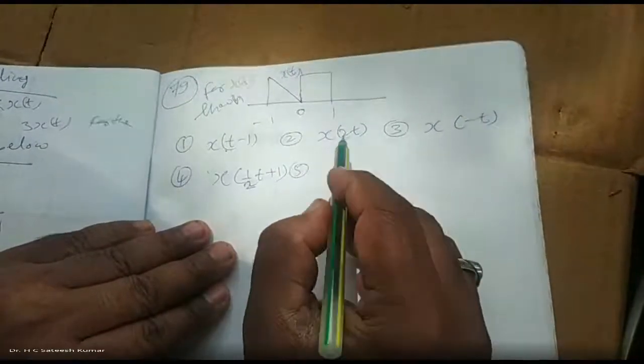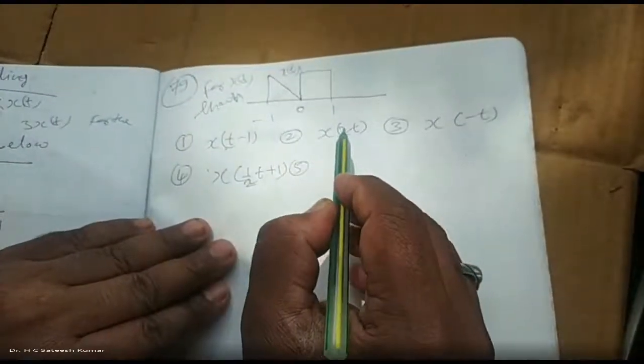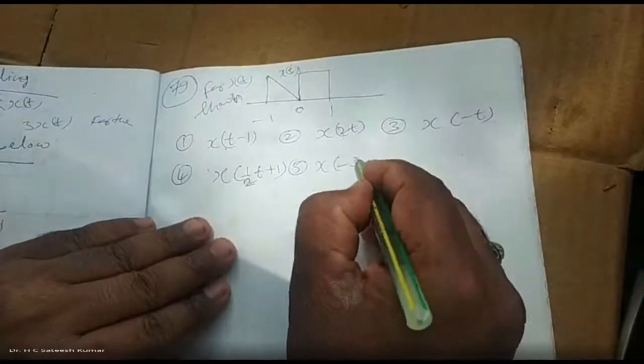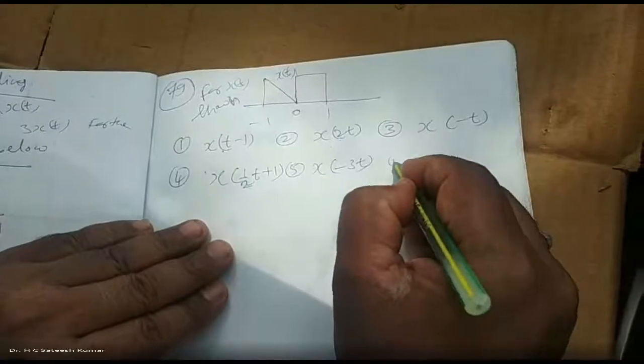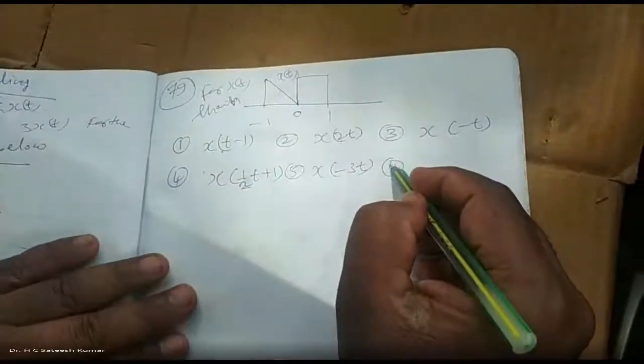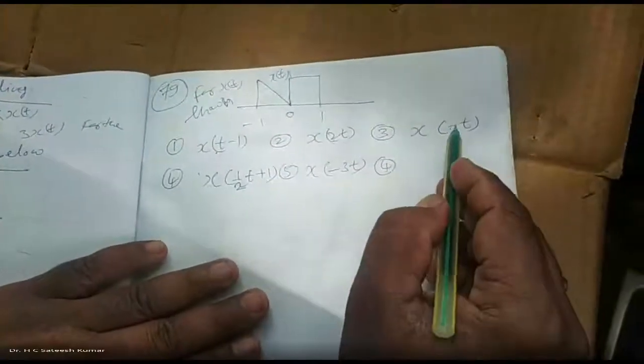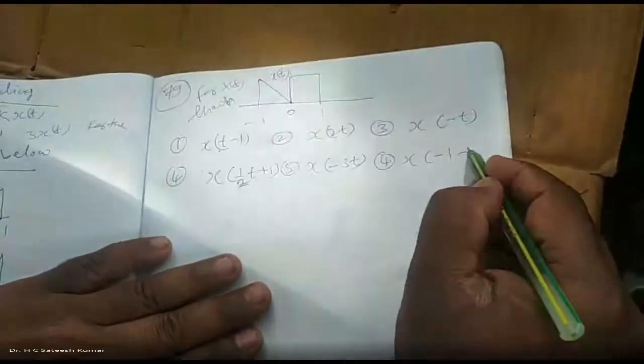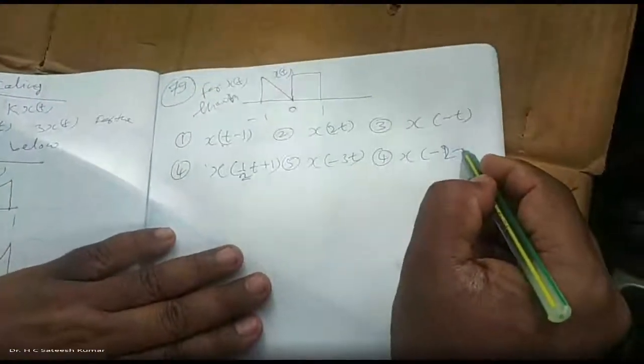Okay. Next, scaling and folding: x of minus 3t. Fifth one, folding and shifting: x of minus 1, minus 2, minus t.